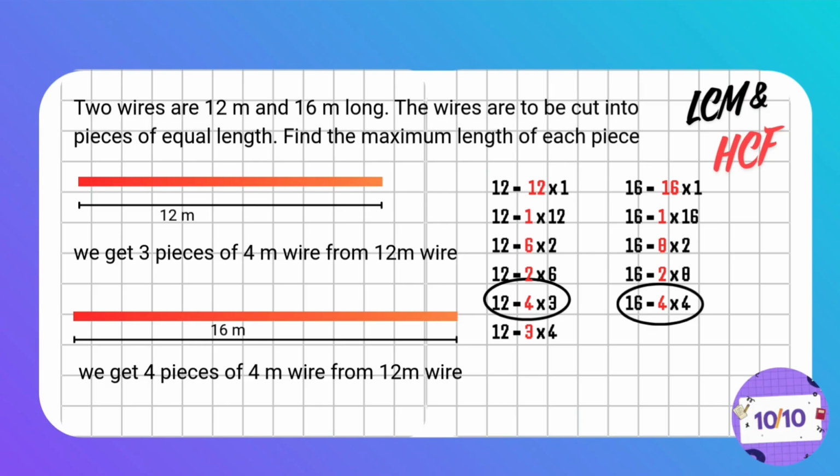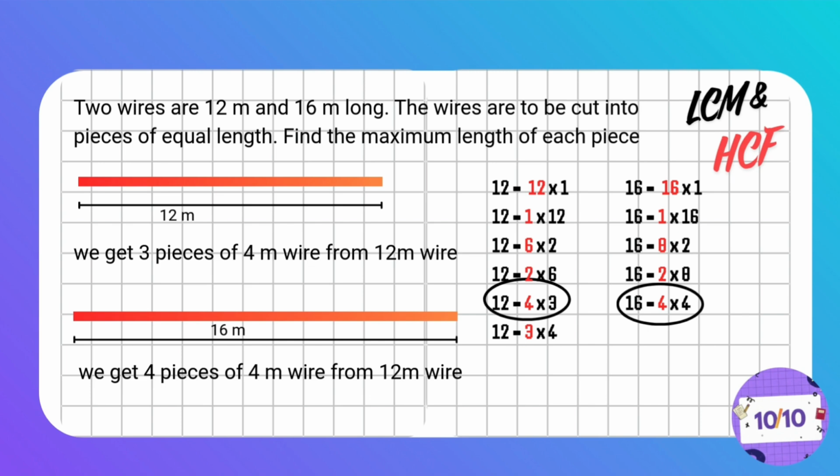Comparing all the cases, we need to find the HCF, the highest common factor, so that we can divide into equal lengths. That means the pieces from the 12-meter wire should be equal in length to the pieces from the 16-meter wire.